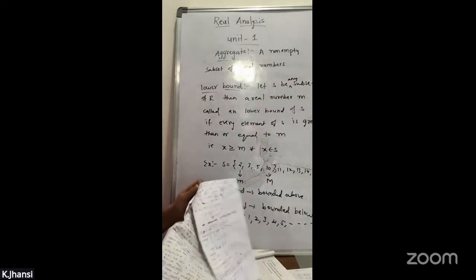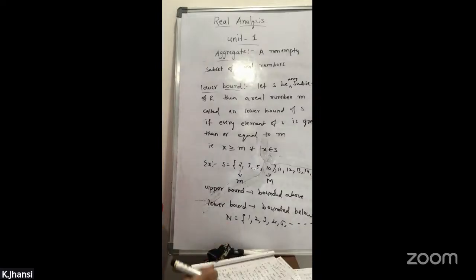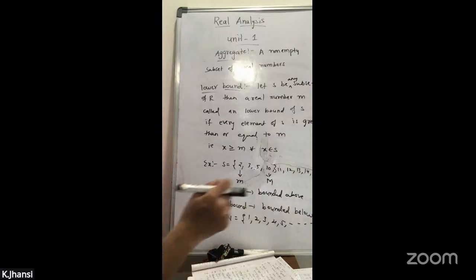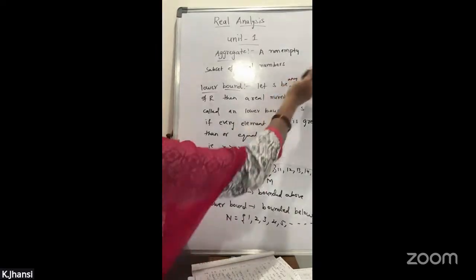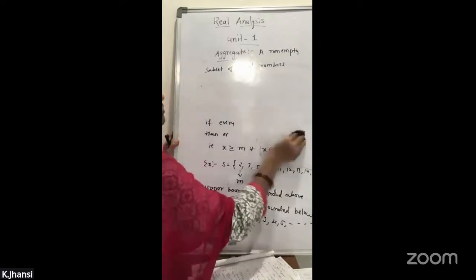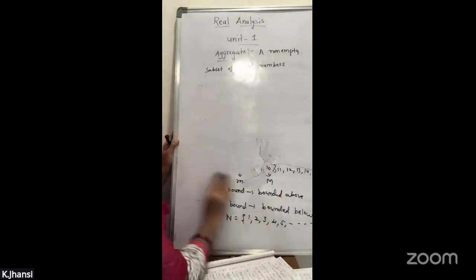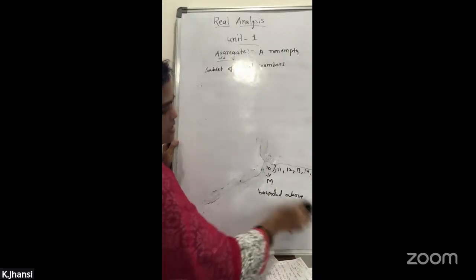Next, one more important concept is infimum and supremum. We have studied upper bound and lower bound. Next, the concept is greatest lower bound and least upper bound. If you know these concepts, solving theorems and problems will be easy for you.